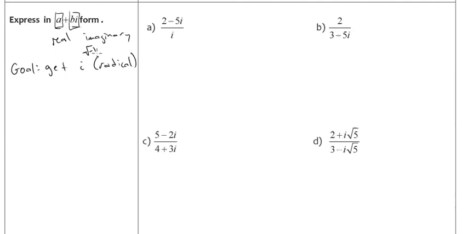We're trying to get the radical out of the denominator. You'll hear this called rationalizing the denominator.